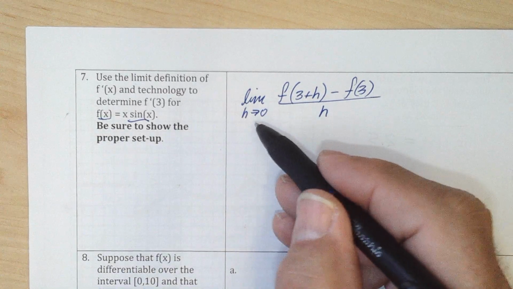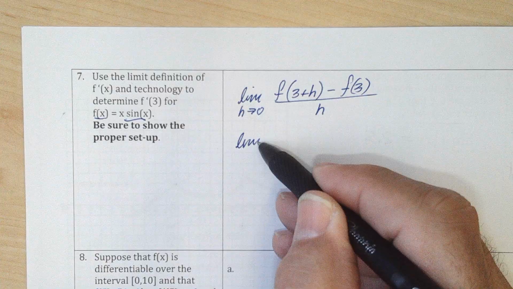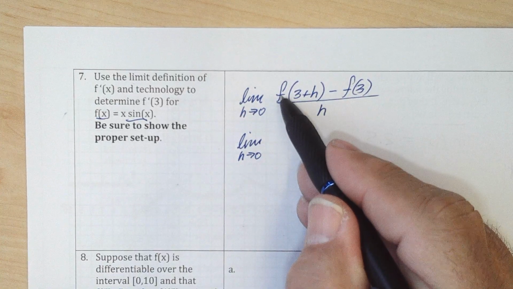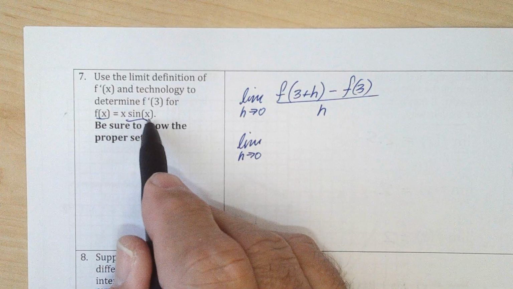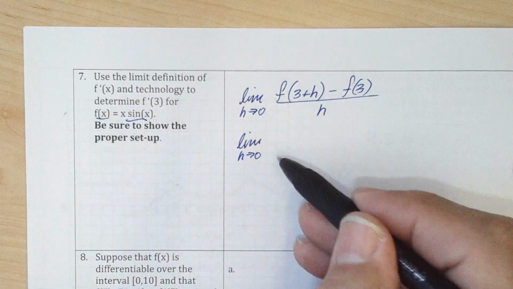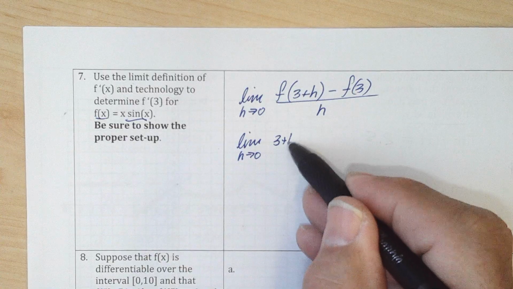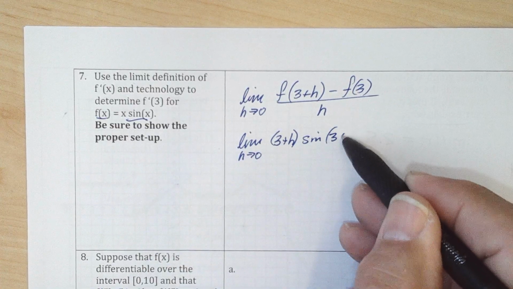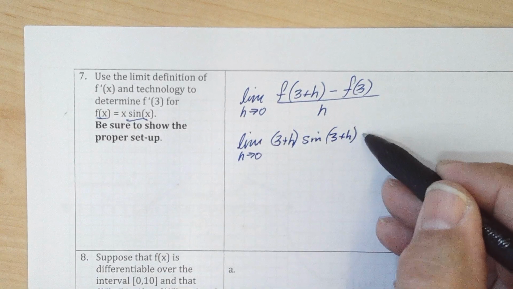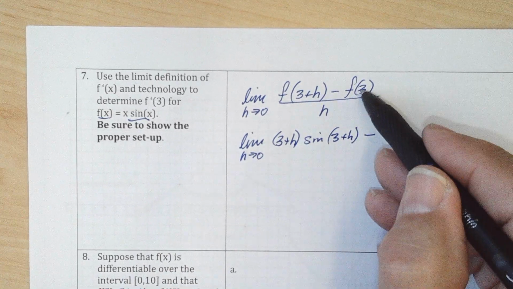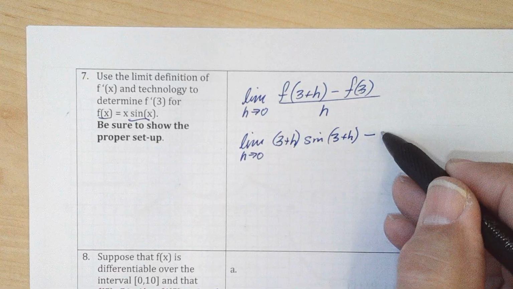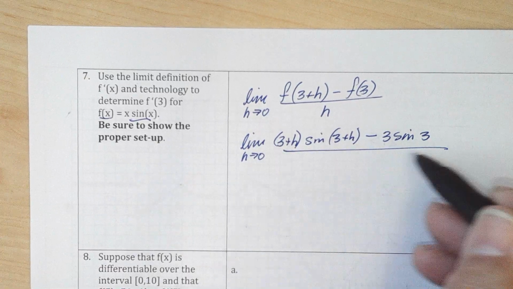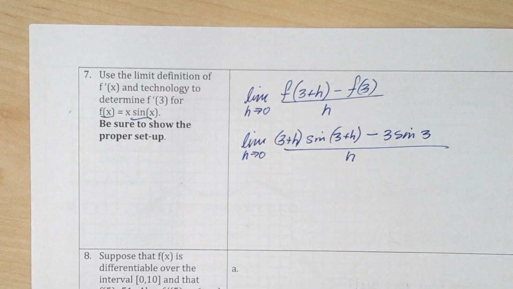Now, if you want to type it all in, you could say the limit as h approaches 0 of this, with 3 plus h in for the x's: 3 plus h times sine of 3 plus h, minus, now put in 3 for the x's, over h.